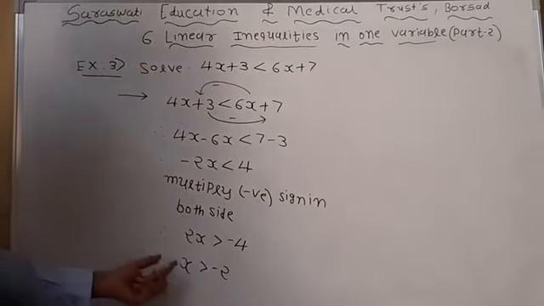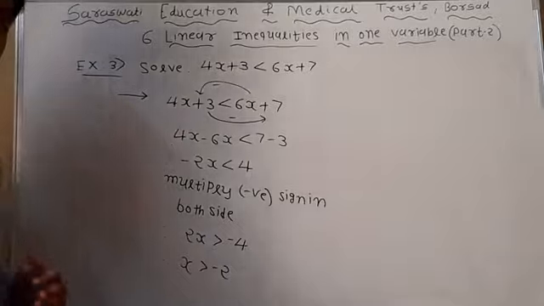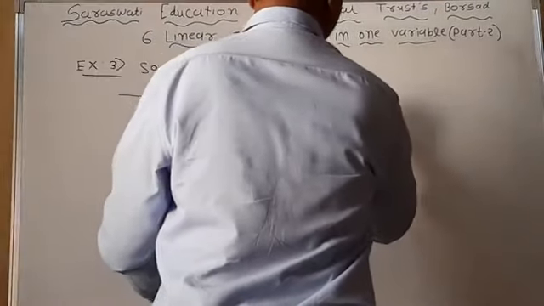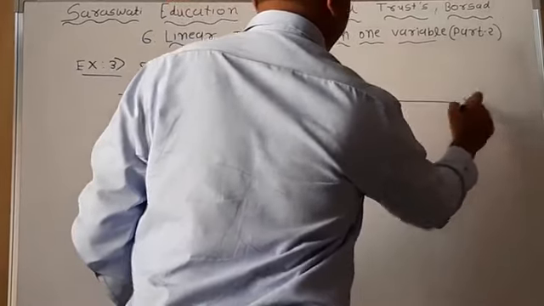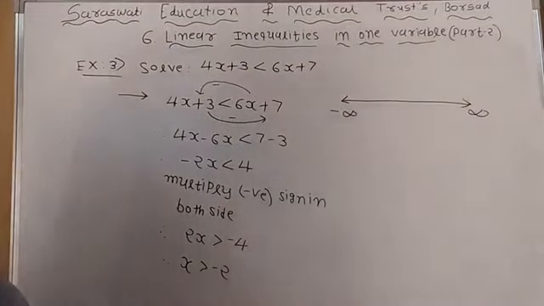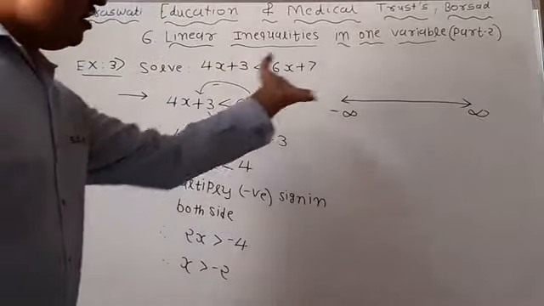Okay. Now how can the final answer be written? Understand on the number line, minus infinity is present here, infinity is present here. Write minus 2 somewhere on the number line.